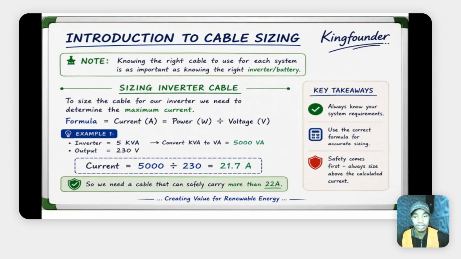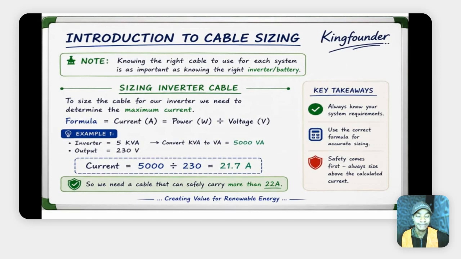Let's look at more examples. Say we have a 3.5 kVA inverter. Converting that to VA, that will be 3,500. And we know the output of our inverter will be 230 volts. So if you divide 3,500 by 230, that will give us 15.2.